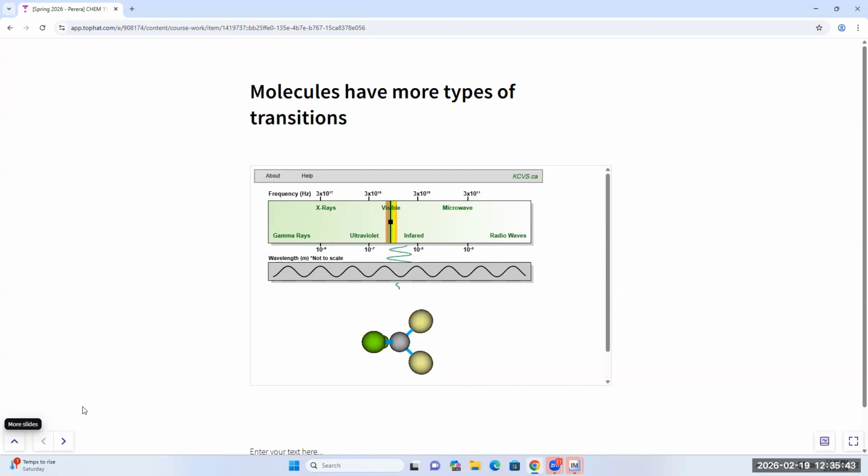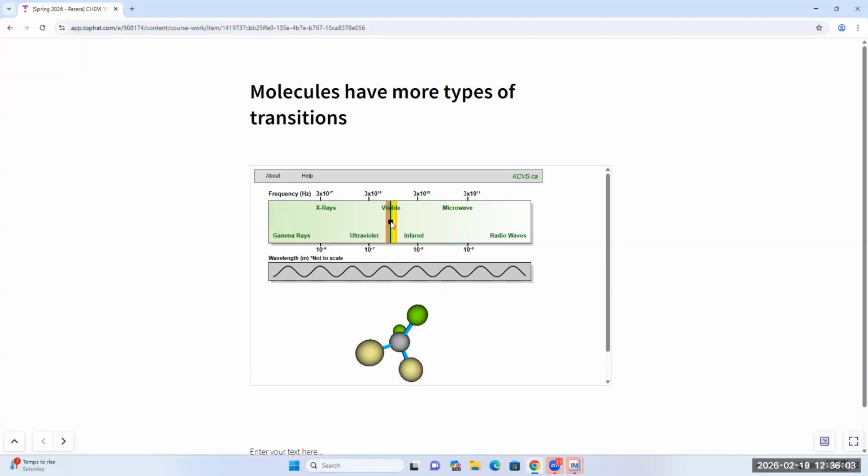Okay, so right now I'm exposing this molecule. Obviously, it has more than one atom. It's happy, doing its own dancing thing. But when I'm shining visible light at it, I don't see anything happening.